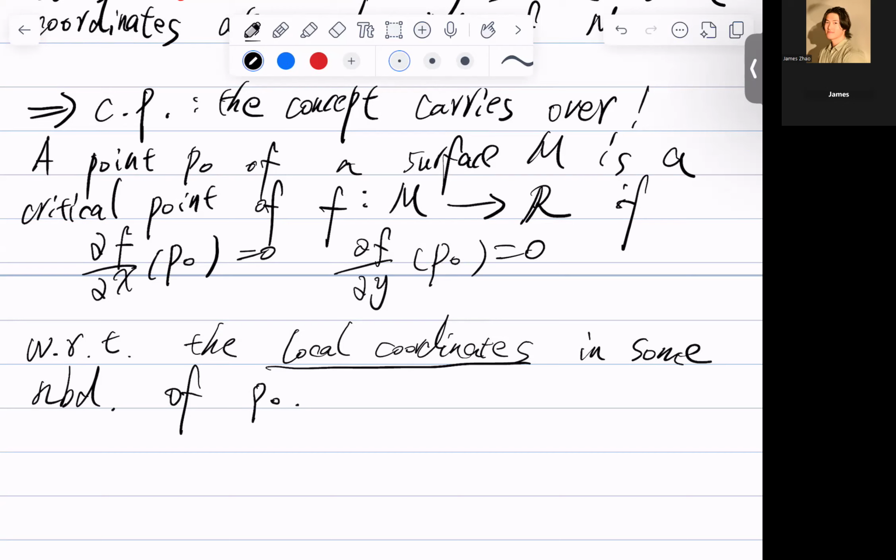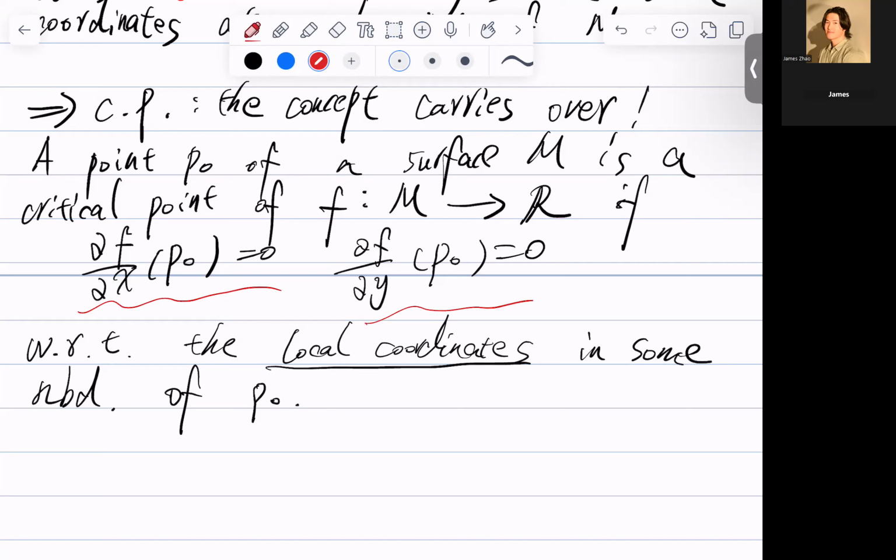So it's a little trickier, but those critical points are local, and you need local coordinates to express them. We are able to take these partial derivatives because we have a smooth surface.